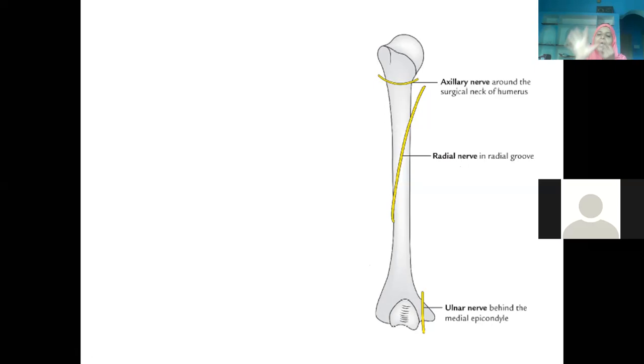The ulnar nerve is actually called the musician's nerve because it supplies the muscles of the palm. It helps us do fine, intricate actions of the muscles of the palm. So the person will not be able to do fine movements if the ulnar nerve is damaged.